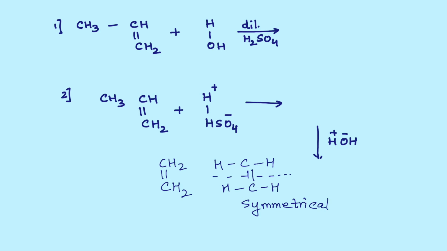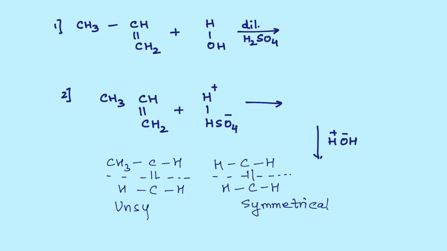Whereas if I replace one of the hydrogens by an alkyl group, as I have done above, CH3CH double bond CH2, and we write this structure in an expanded form, are the two parts mirror images of each other? No, they are not.